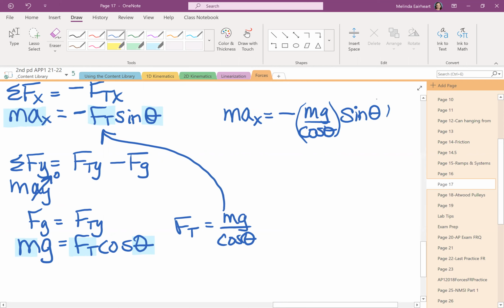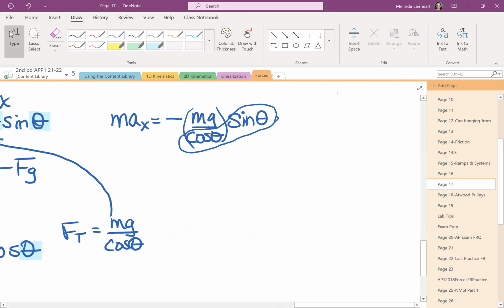They don't cancel, right? So if you think about sine theta over cosine theta, I don't remember the laws of trig, but that simplifies to tan theta, right? And you can kind of show that sine theta is opposite over hypotenuse divided by adjacent over hypotenuse.